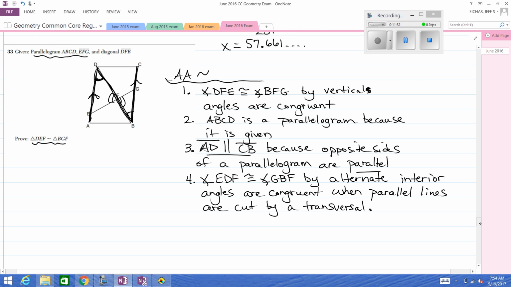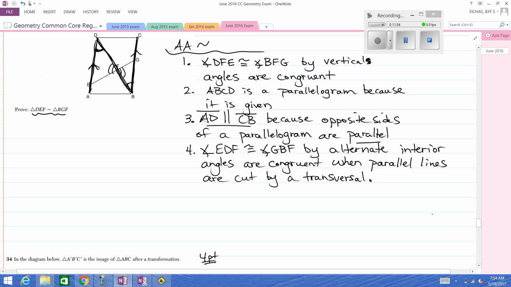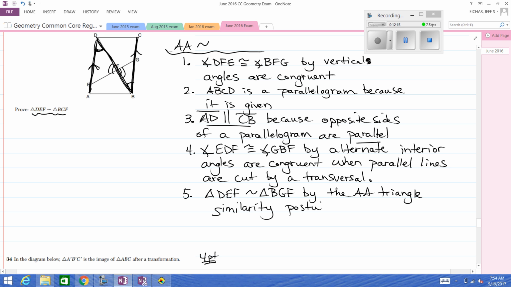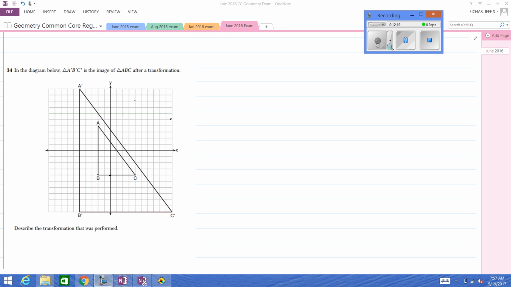All right, now we can say that the triangles are similar. Let's see, what is it? DEF, similar to triangle BGF by the angle-angle triangle similarity postulate. Okay, done.